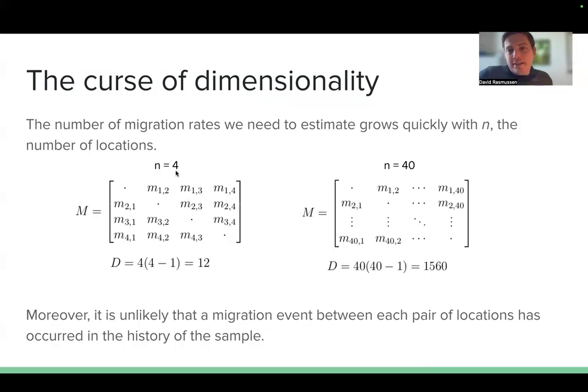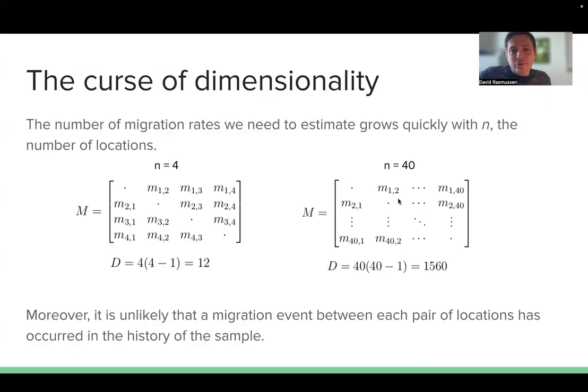And if n is small, say n is 4, that's only like a 4 by 4 matrix. And we don't have to estimate the diagonal elements on the matrix because these are assumed to be 0. So we have about n times n minus 1 parameters that we infer, and for small n, that's very reasonable. But what if we had like 40 different populations?